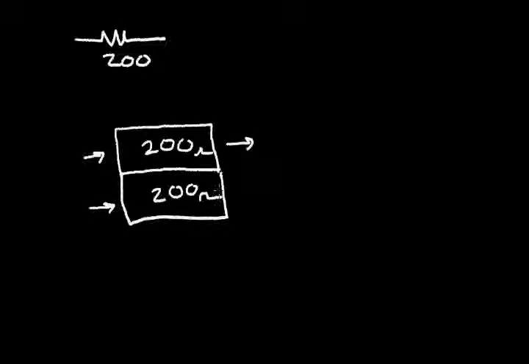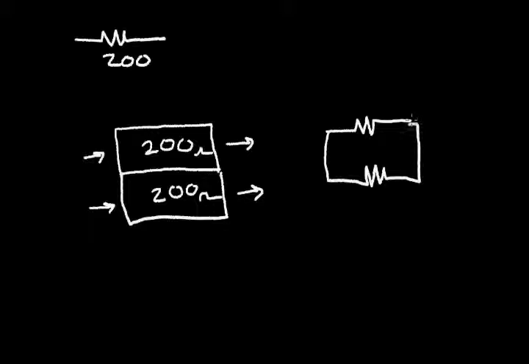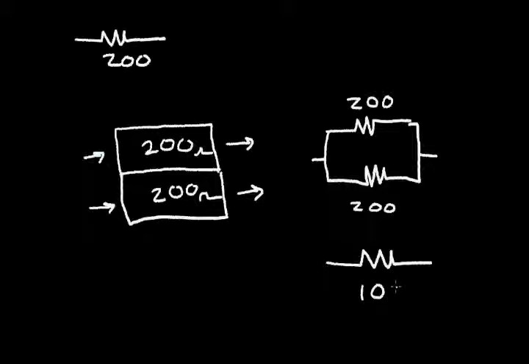And again, the current is flowing in this direction. So now I can draw the schematic for this. The top resistor is 200 ohms, and it's connected in parallel with the bottom resistor that's also 200 ohms. And since this forms one square, and the sheet resistance is 100 ohms per square, I know that the equivalent of these two parallel resistors is 100 ohms.